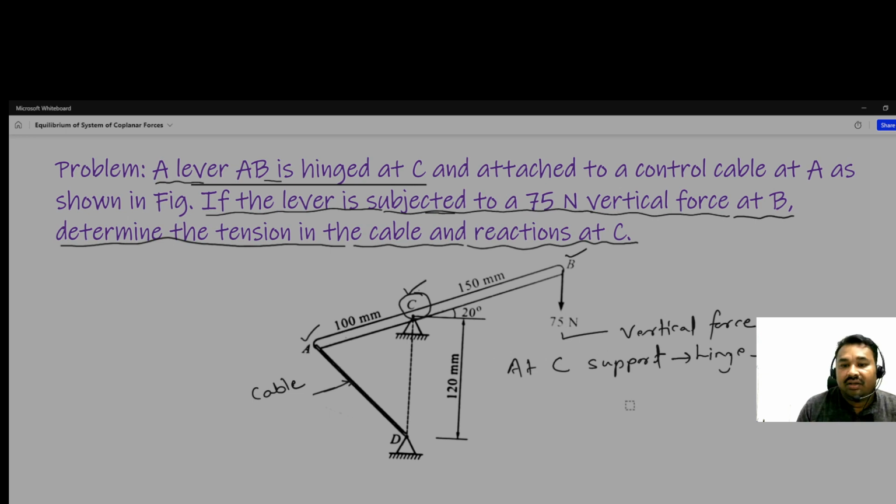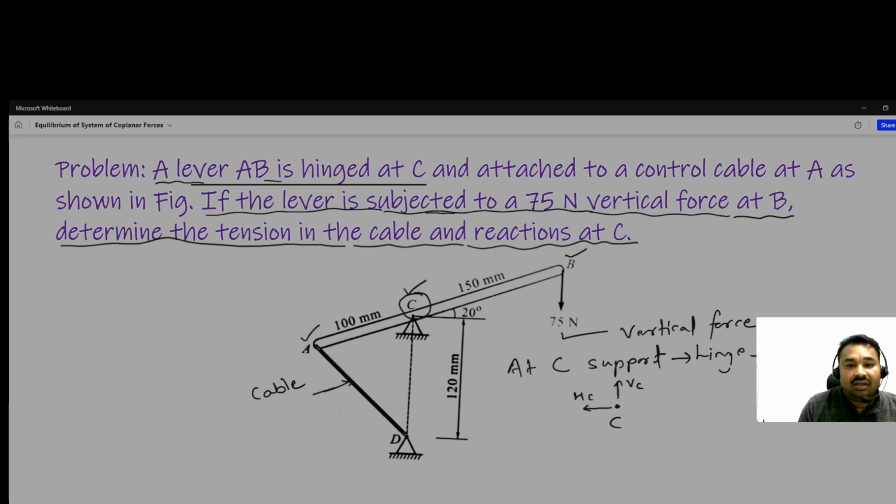Okay, so the reactions will be in a vertical direction and a horizontal direction, like at C, this is C, and suppose this one is VC and HC.